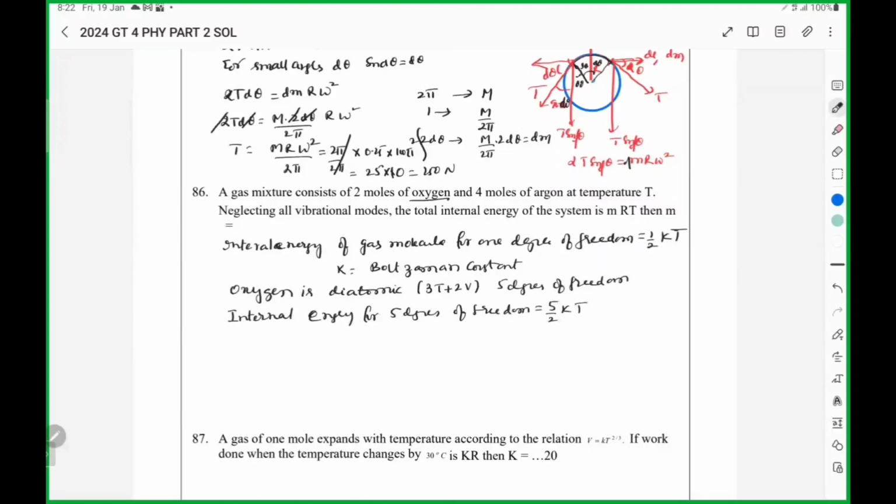Here he has given moles. So 1 mole, Avogadro number of molecules. So for this, energy associated is, all of you know that k into Avogadro number is the universal gas constant. This is for 1 mole. So here how many moles? 2 moles of oxygen.